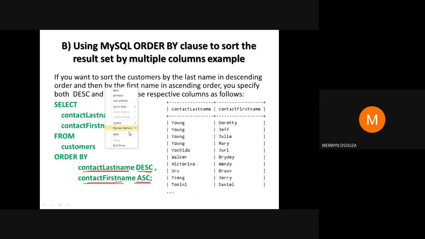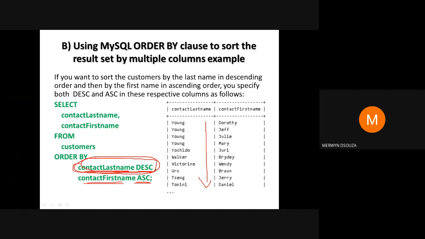Because of this, all your last names are displayed in descending order, because of contact last name descending. Now, within this, you can look, there are various subgroups. There are some people with the surname Young, for example.